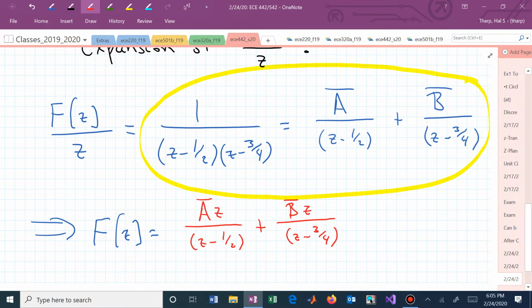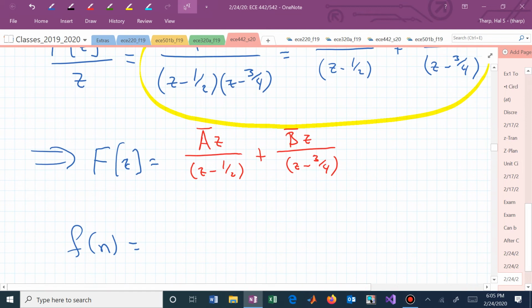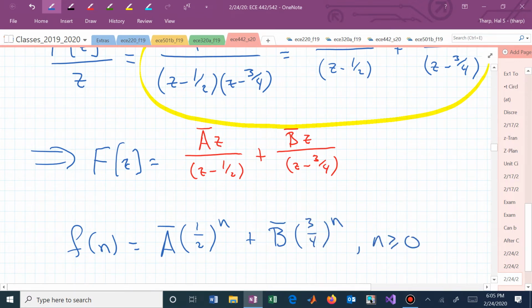We now have a z over z minus r sub 1 plus a z over z minus r sub 2, where r sub 2 is 3/4 and r sub 1 is 1/2. We can now immediately go into the time domain. We now know that f of n, little f of n, is going to be A bar 1/2 to the n plus B bar 3/4 to the n for n greater than or equal to 0.